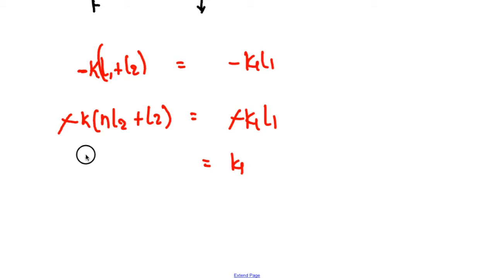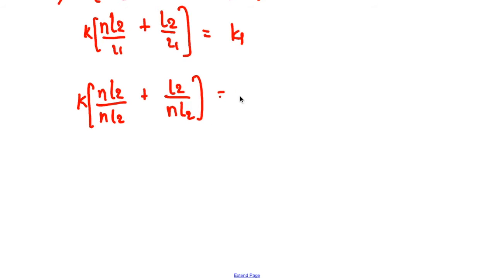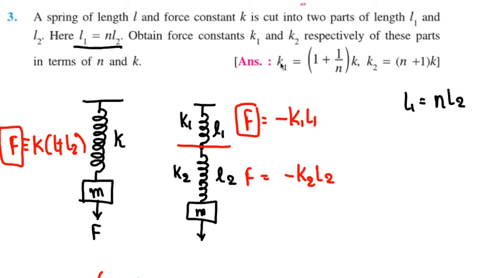K1 equals K into (nL2 plus L2) upon L1, but again L1 equals nL2, substituting it, (nL2 plus L2) upon nL2 equals K1. K into 1 plus L2 L2 cancel, 1 by n, that equals K1. Now I obtained the relation for K1, that is (1 plus 1 by n) K.